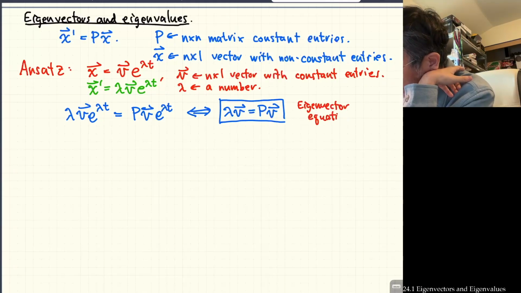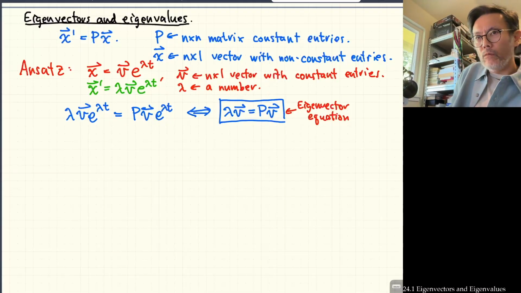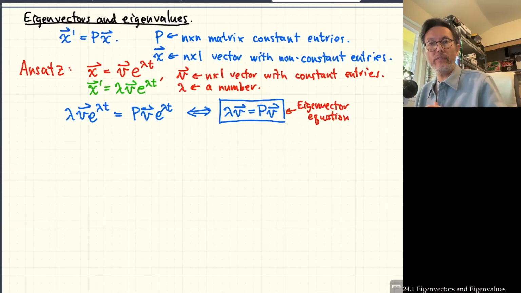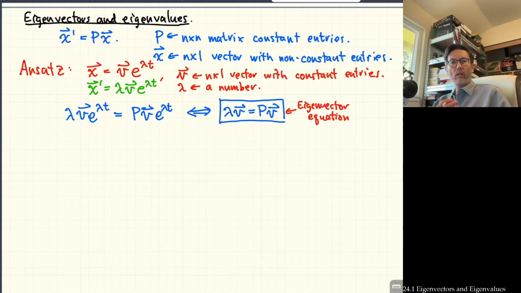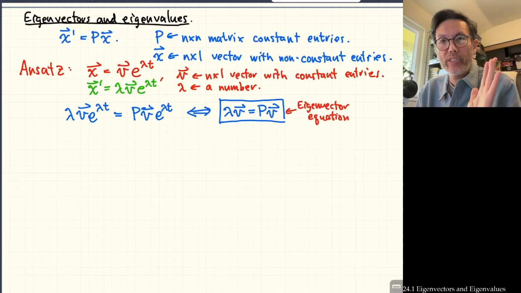This is the equation that tends to crop up again and again in many, many different contexts. When you see an equation like this, that's telling you that you're in the world of eigenvectors and eigenvalues. Let's interpret what this equation is saying.